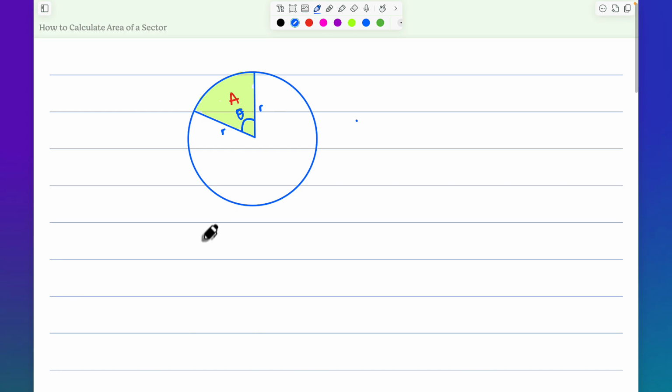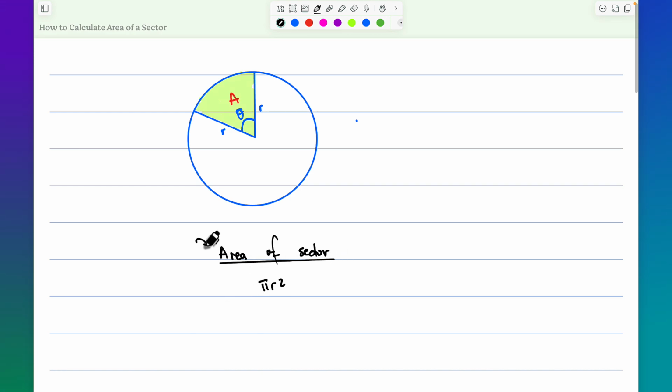So if I take the ratio of the area of a sector to pi r squared, which is the area of the full circle, this is the area of the small piece, and this is the area of the full circle.